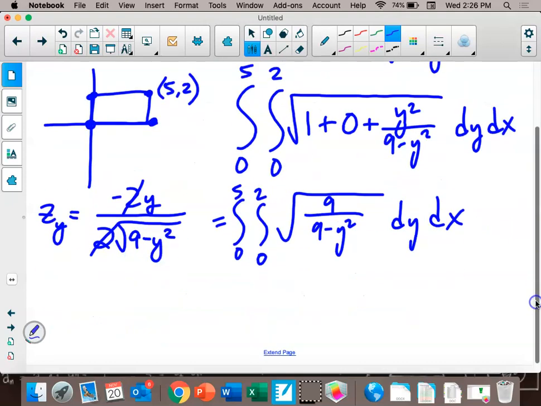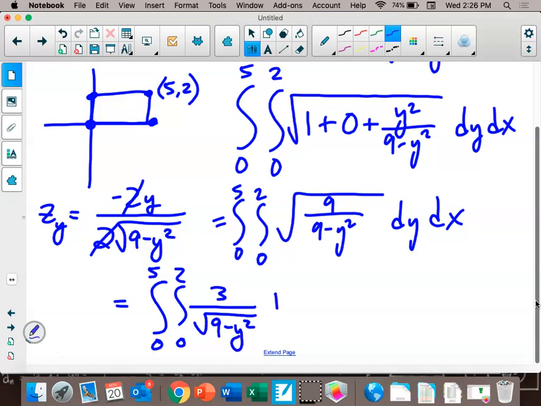So you have a problem here. This is a function you know. So you know that the antiderivative of 1 over root 9 minus y squared is? It's arc sine!